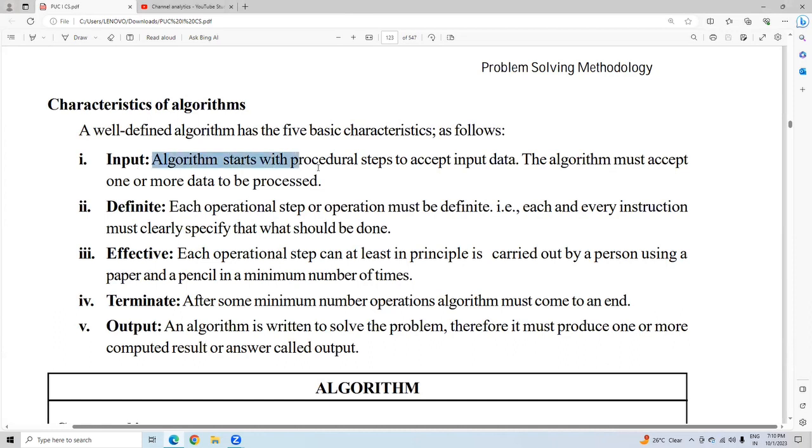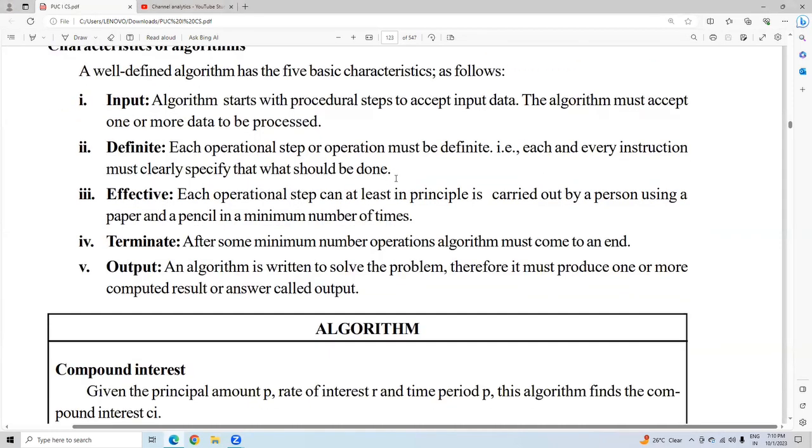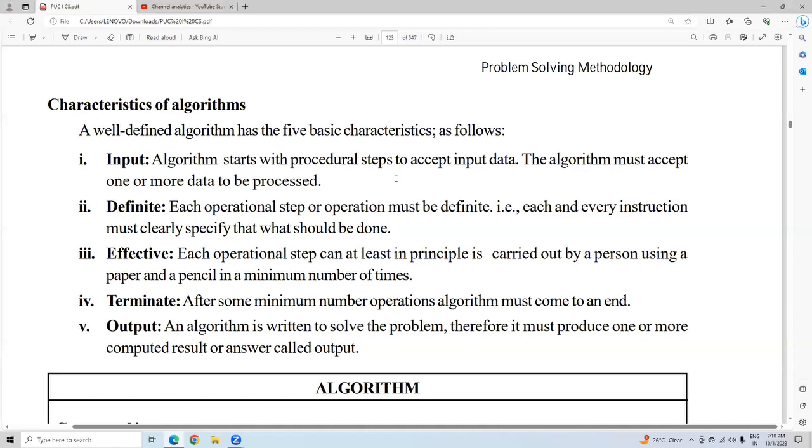Those all variables, the input data, whatever we want to accept, should be there in the beginning. It may be one or it may be more than one value to retrieve. Definite means an algorithm should contain, right, each operational step or operation must be definite. Each and every instruction must clearly specify what should be done.